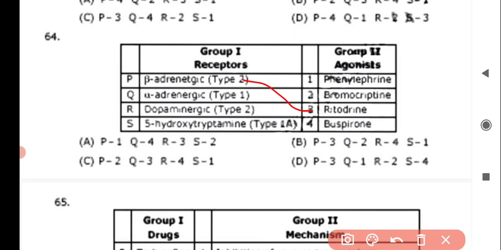The correct answer is option number 2, that is bromocriptine. For dopaminergic type 2, the correct answer is option number 4. For 5-hydroxytryptamine type 1A, the correct answer is option number 1, that is phenylephrine. So the correct answer is option B.